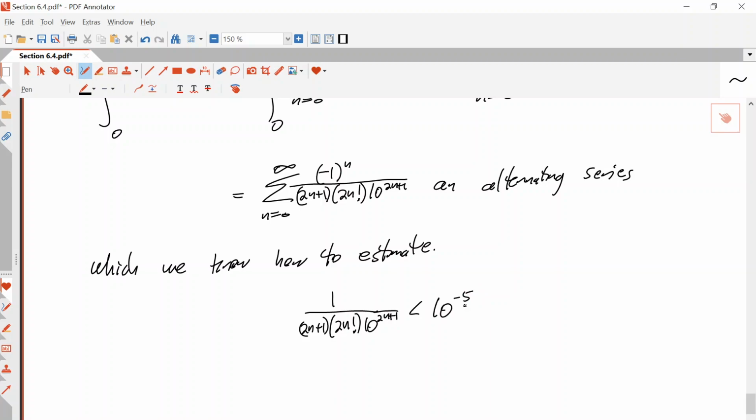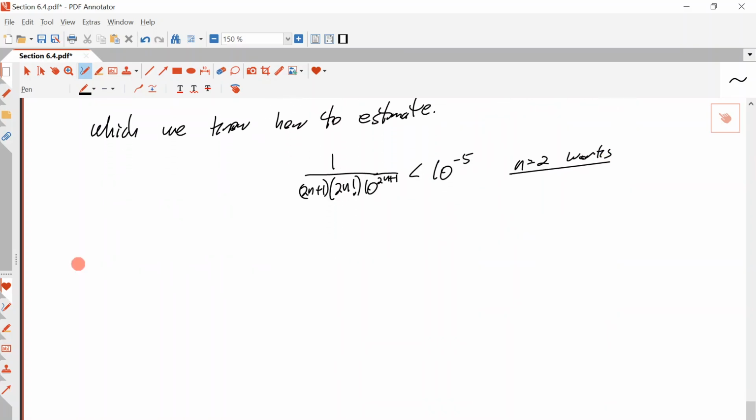So I think just n equal to 2 will do it, because this will be 10 to the 5th right here. So n equal to 2 works. It works by a lot, actually. This would be 4 factorial. So we're actually going to get a little bit more than 4 decimal places of accuracy. We'll actually get 5. N equal to 2 works.